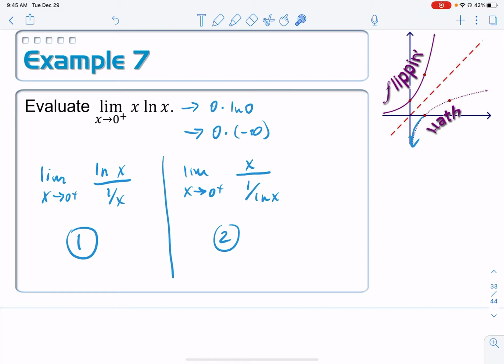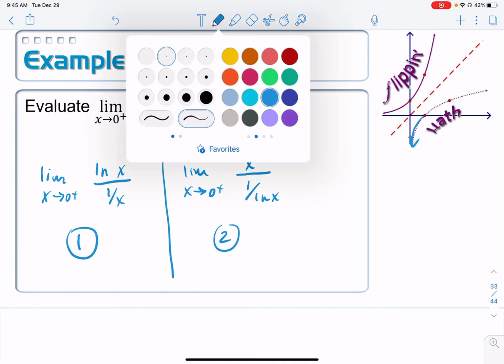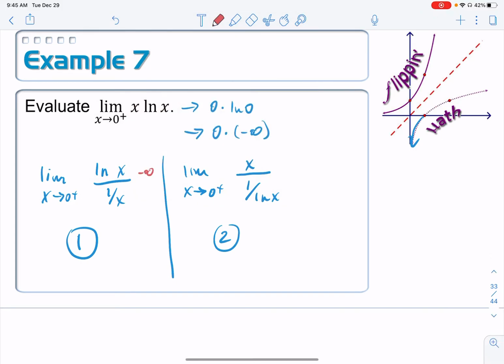Well, what happens on option number 1? Option number 1 gives us the natural log of 0, which is negative infinity, what we said before, negative infinity on the top, and then 1 divided by 0 is another infinity. So I have infinity over infinity. So yeah, that's a check for L'Hopital's rule, right? Over here on the right-hand side, directly substituting 0, I'd get a 0 on the top, and on the bottom, we already said that the natural log of 0 is going to be a negative infinity. 1 divided by negative infinity gives us a 0.